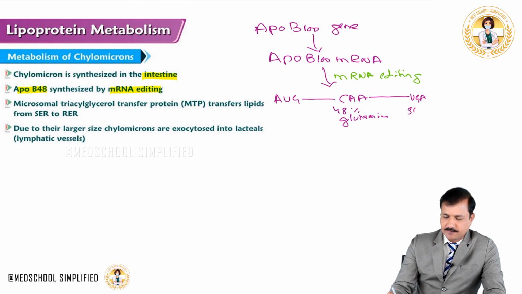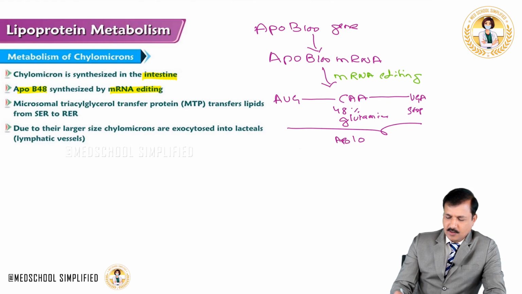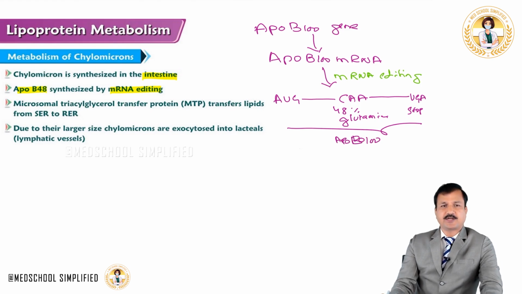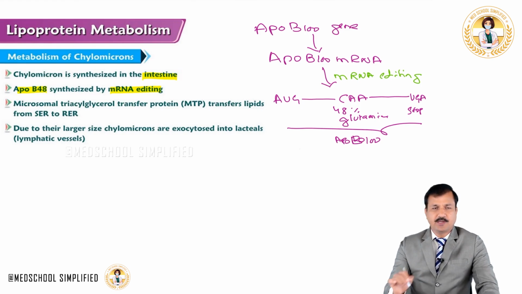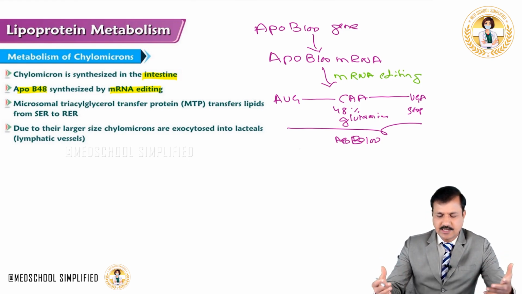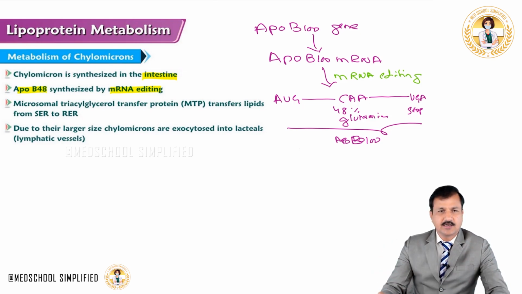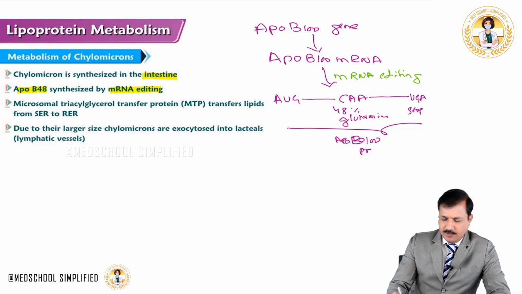That's a stop codon. So if all of this is translated, we get Apo B-100 protein. That's the expectation, because the Apo B-100 gene has given Apo B-100 mRNA.